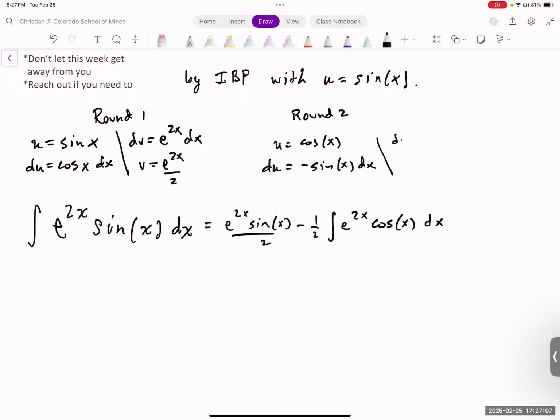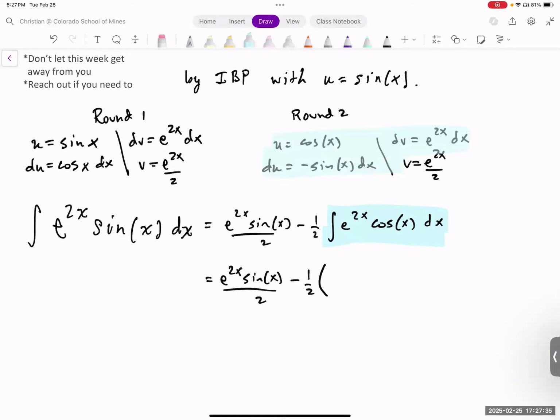So then dv is e to the 2x dx. v is still e to the 2x over 2. All right, so e to the 2x sine of x divided by 2 minus a half, and then integration by parts on our remaining integral.